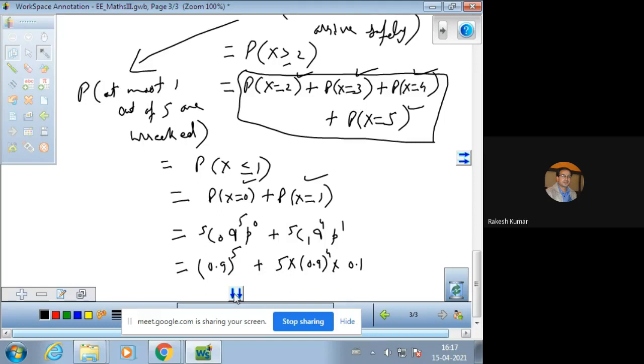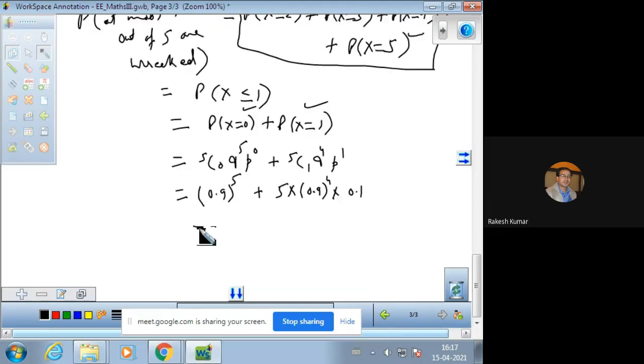Now this probability we have to calculate. So 0.9 raised to power 4 can be taken common. So 0.9 is there and 5 into 1, so that comes out to be 0.5.